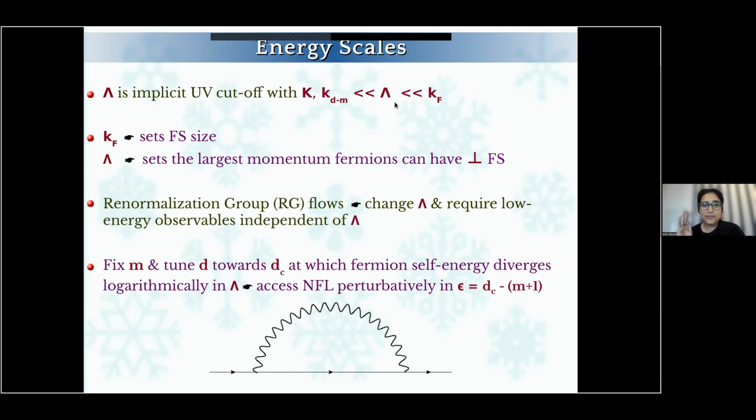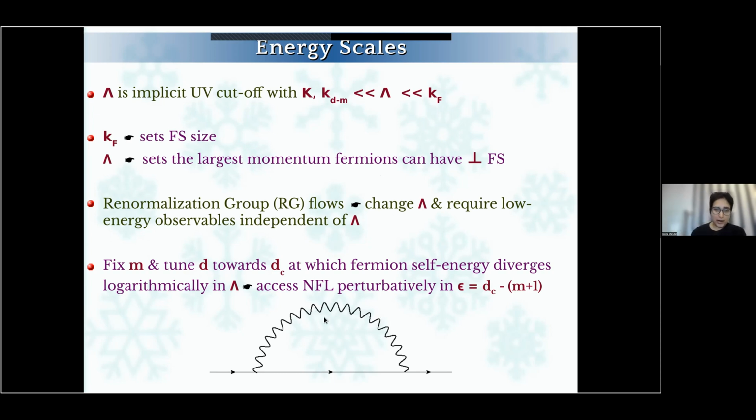On the other hand, this Wilsonian cutoff must be much less than Kf, the Fermi momentum, which is taken to infinity in condensed matter systems. So basically, Kf sets the size of the Fermi surface, which is taken to be infinity, and lambda sets the largest momentum that the fermions can have perpendicular to the Fermi surface. Using lambda, we derive the renormalization group flows. That means we change lambda and require that the low energy observables are independent of lambda. This gives us the beta functions, which give us the RG flows.